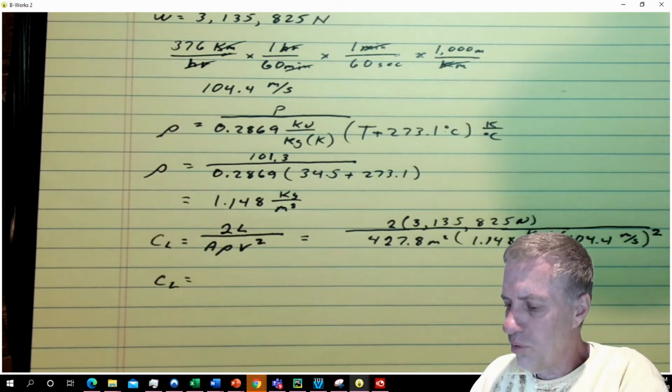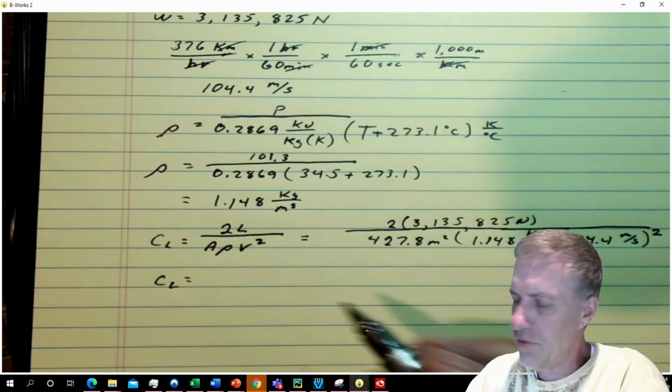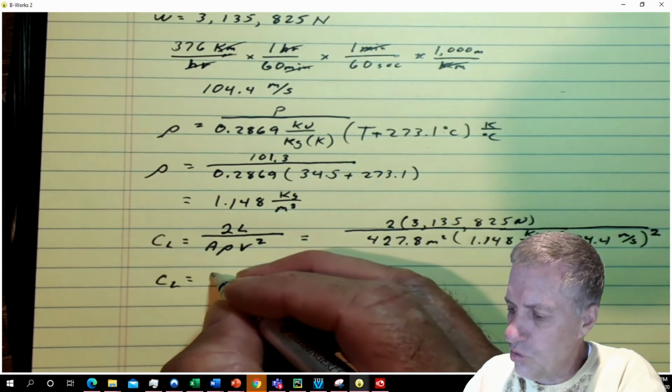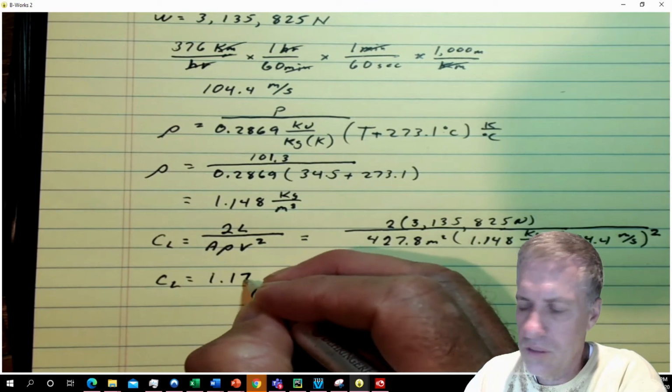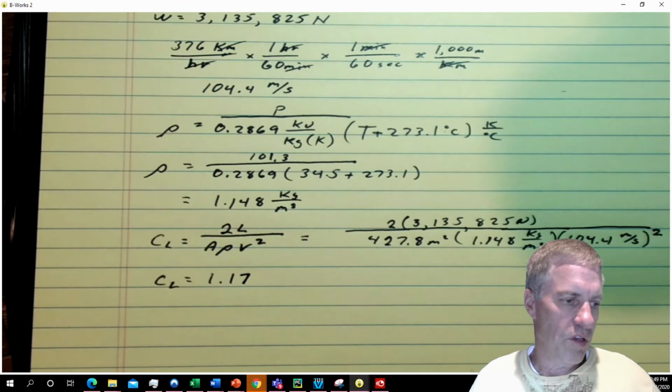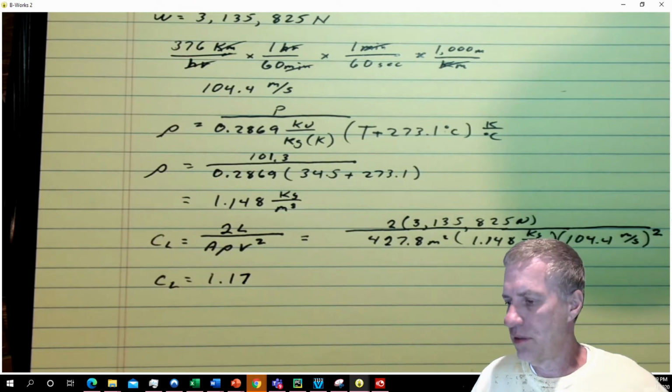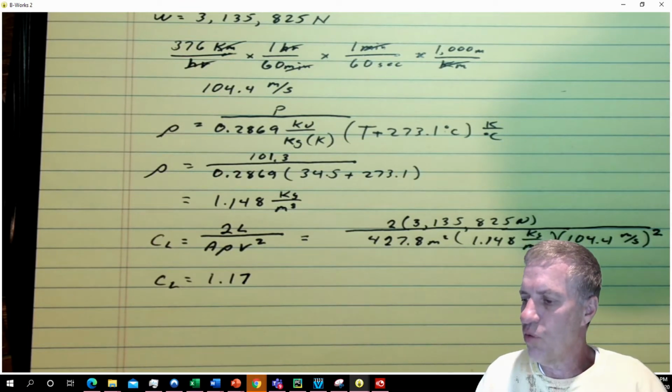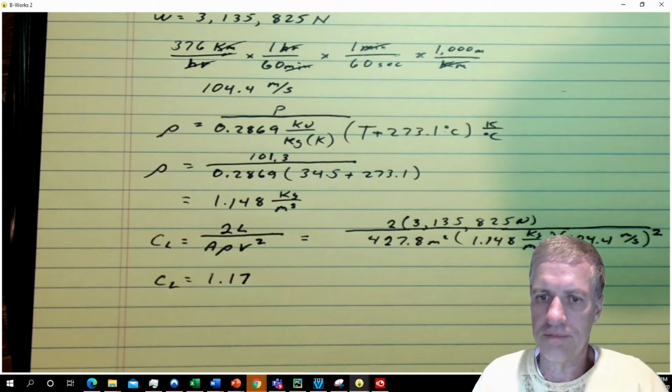And I come out with 1.171650678. We'll just round that off to 1.17. And there are no units for the coefficient of lift, so our final answer will be 1.17.